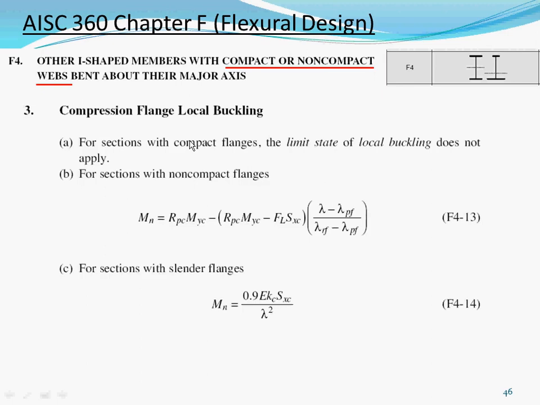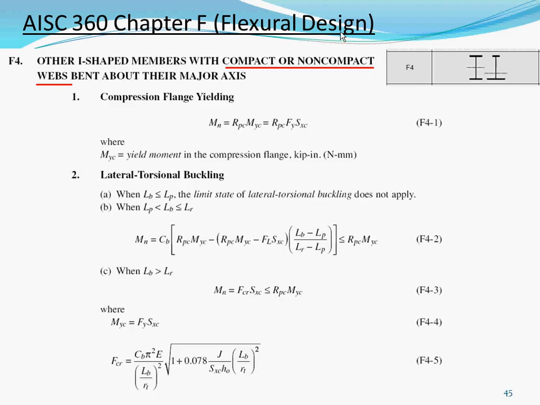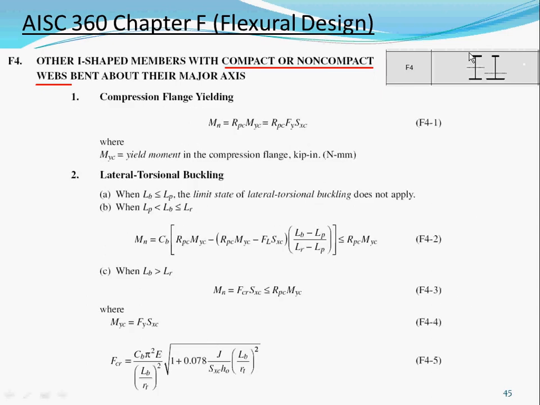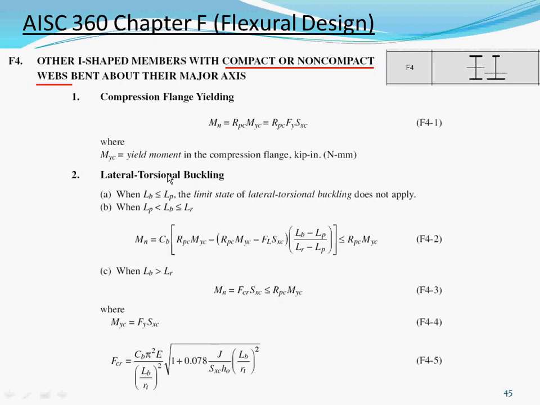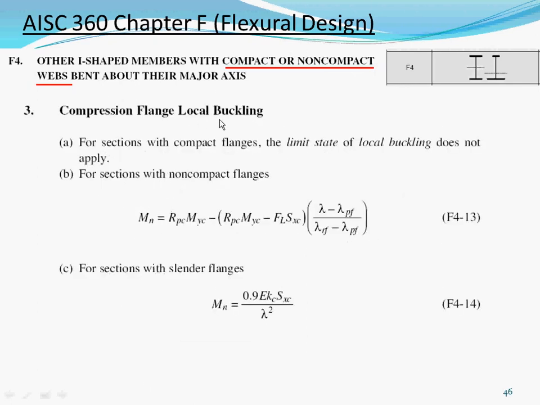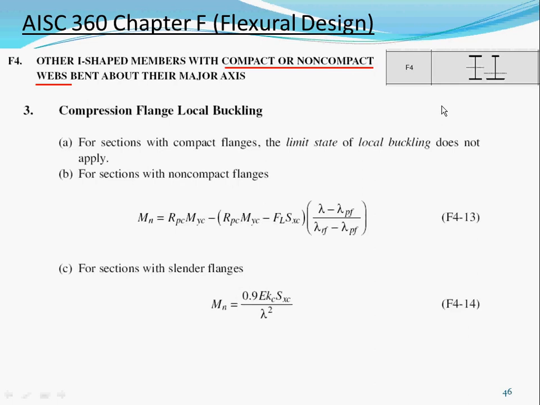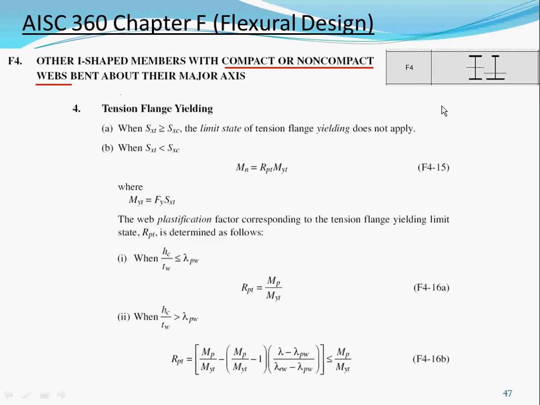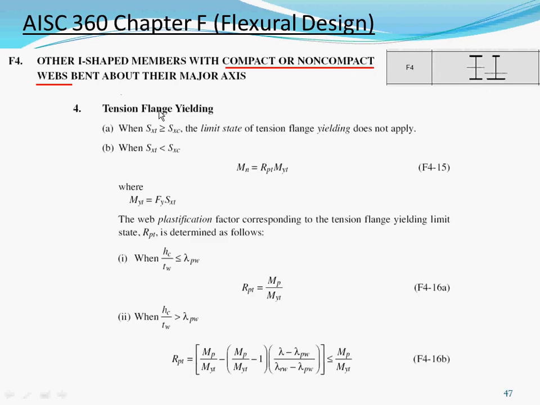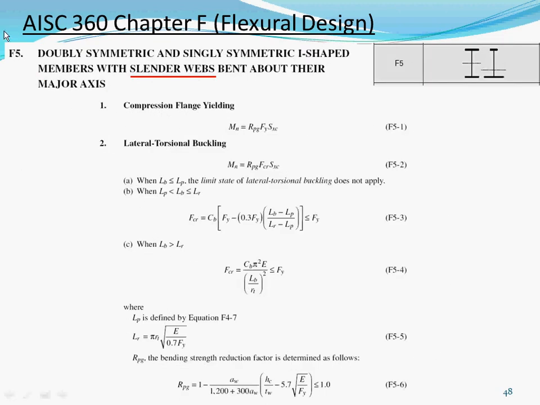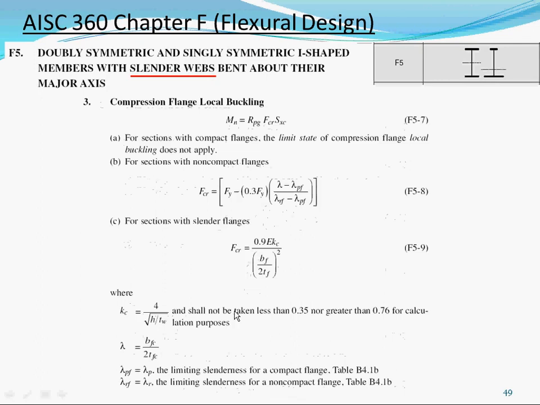For flange bending, there are different checks: compression flange yielding, lateral torsional buckling, the overall, and then compression flange buckling again. So there are more checks when you come to here. After the compression flange, you check your tension flange yielding. F5 is for slender web. Once you have a slender web, you have more requirements to meet, and capacities are typically less than the other ones.